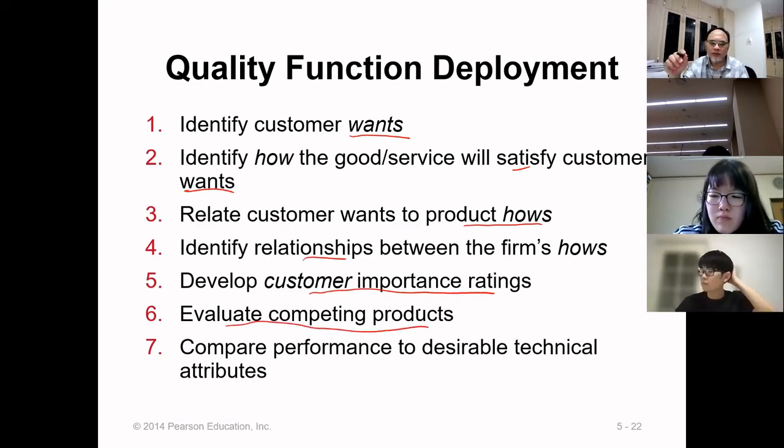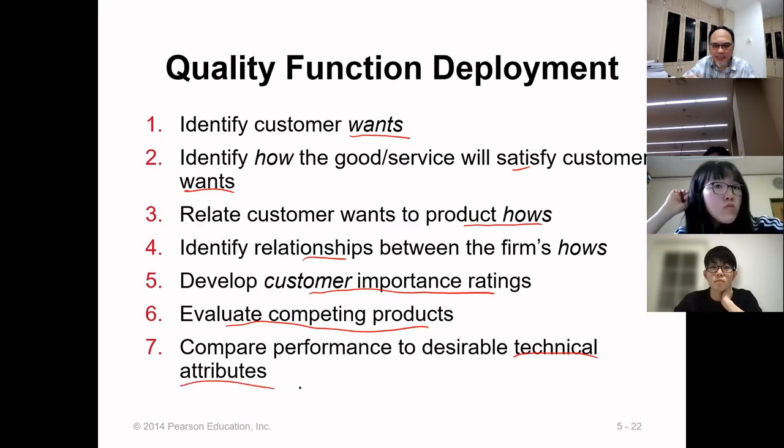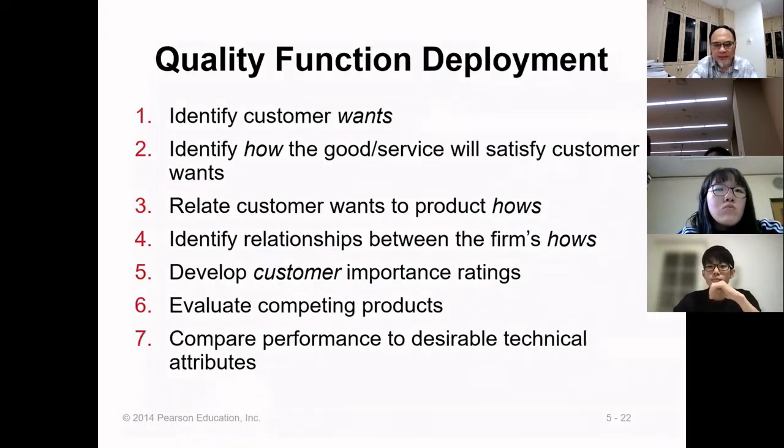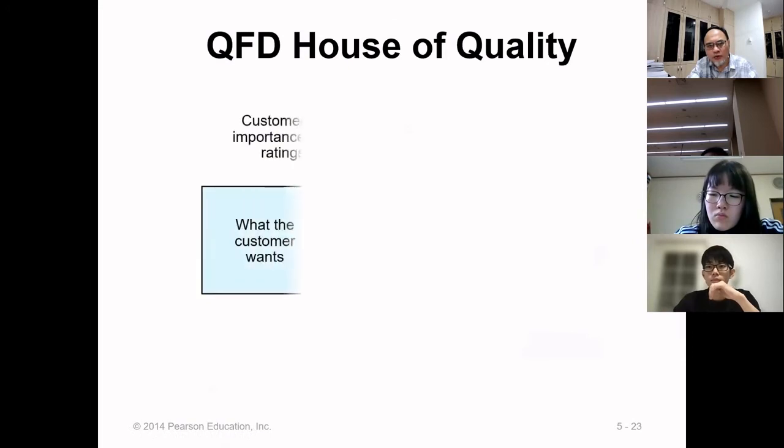That means you see whether the characteristics of the product you are going to design, or improve the design of, will meet the customer's requirements or not. So basically, if we can translate the customer wants into our technical attributes, in terms of specifications, then you can compete with your competitors. It is also called the house of quality.